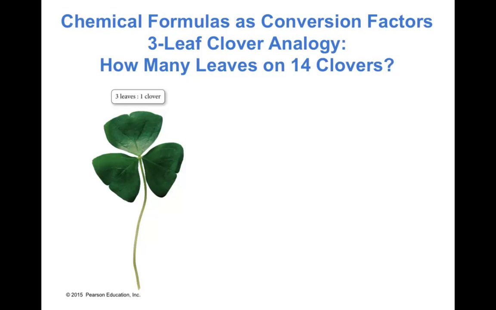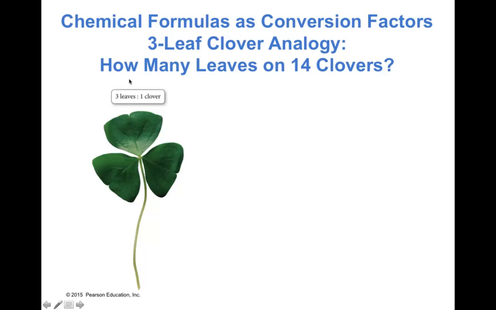So, chemical formulas as a conversion factor. We can also use chemical formulas to go from number of molecules to number of atoms, as I mentioned before. Here, for example, we have a three-leaf clover analogy. How many leaves on 14 clovers?